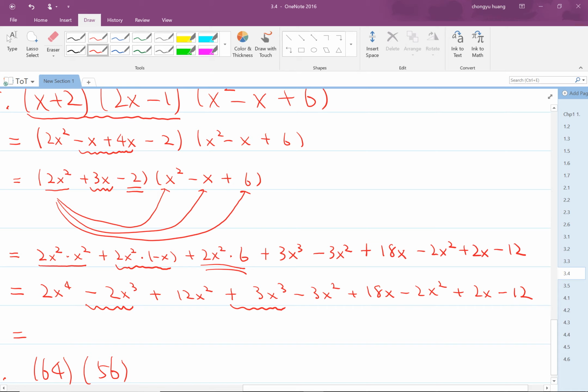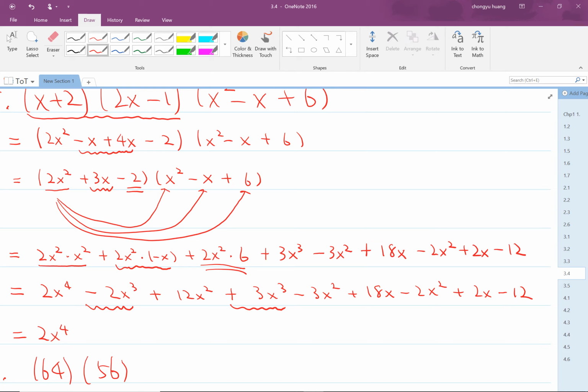First of all, let me write it a little more clearly. We write down 2x to the power 4, because for 2x to the power 4 we cannot simplify anymore.